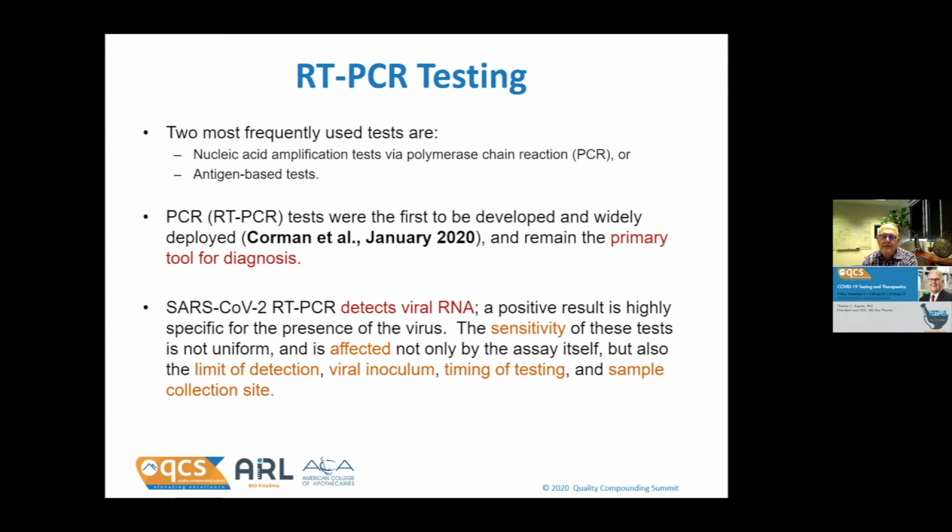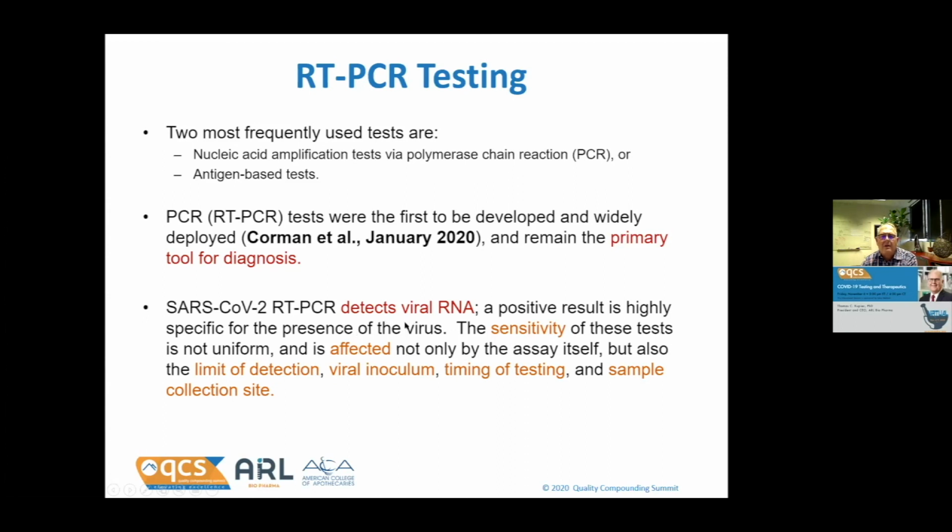Also, I wanted to give you the citations if you're interested in the literature, going back to when it was first started and reported. And then remember that the SARS-CoV-2 real-time PCR detects the viral load. So you're actually measuring the RNA. And a positive result is highly specific for the presence of that virus. So it's very accurate for that particular virus.